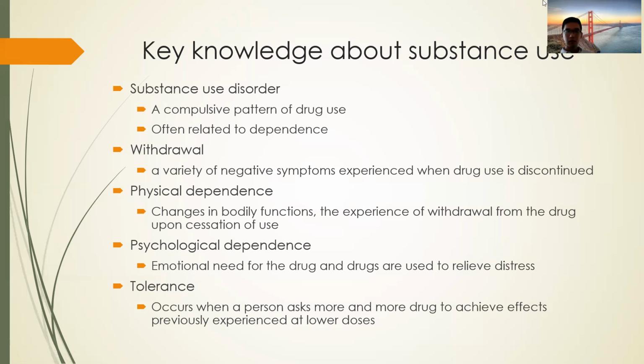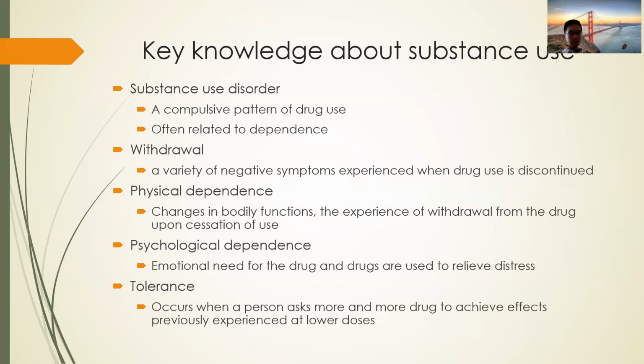And later they found that they need to take 3 or 4 or 5 grams to get the same level of high as before when they took 1 gram. So that phenomenon is called tolerance. It means that to get the same level of effects, they need to take more and more doses.